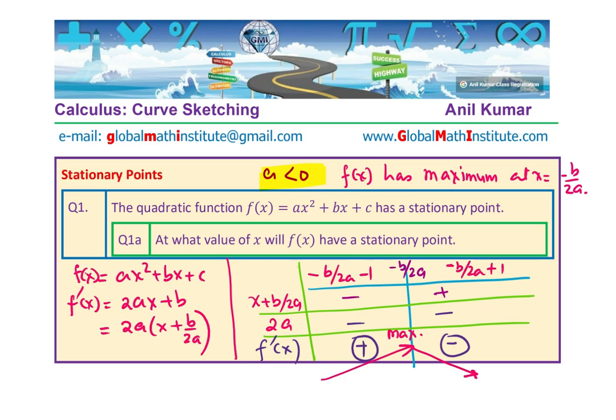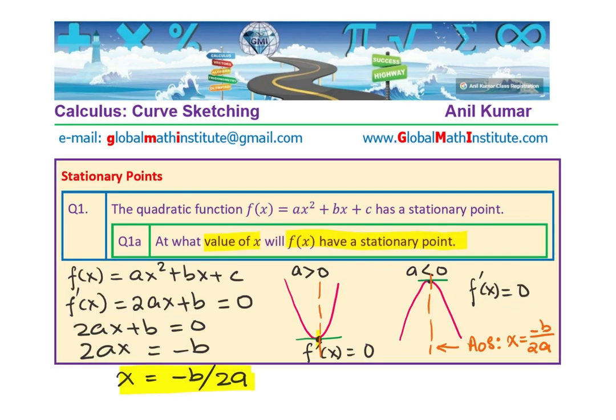Perfect. So this concept is absolutely clear, right? So we have answered this question, and it does correlate with what we had thought initially. If a is greater than 0, we have a minimum. And if a is less than 0, we have a maximum. Makes sense, right? So that is how we do it.